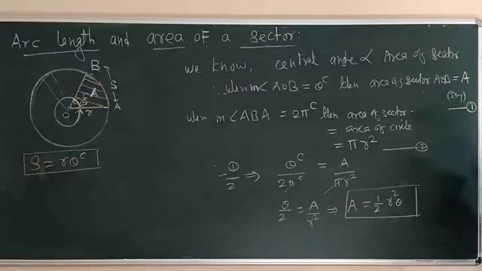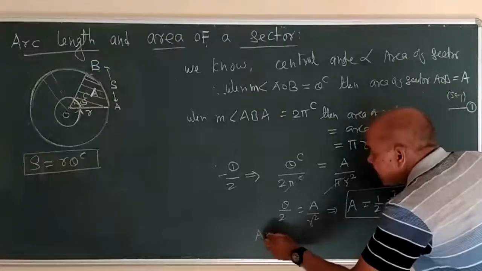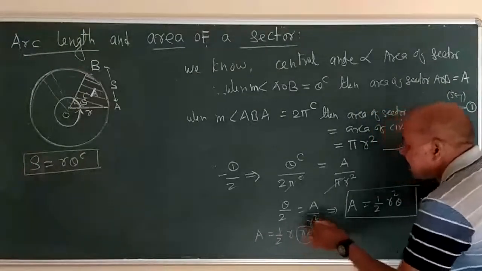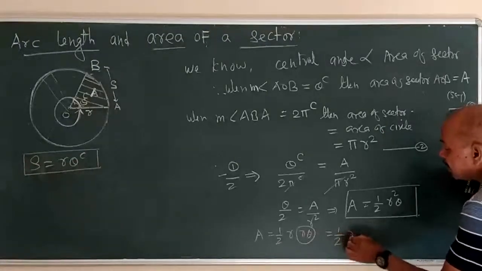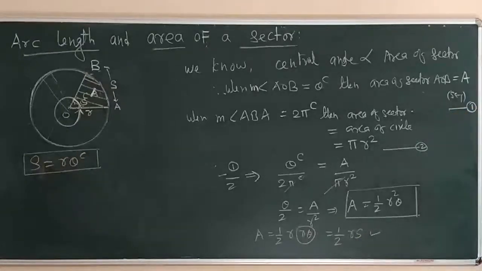But when the arc length is given, S equals r theta, this area can also be written as 1/2 r into r theta, and r theta equals the arc length, so in terms of arc length the area of a sector is 1/2 r S.